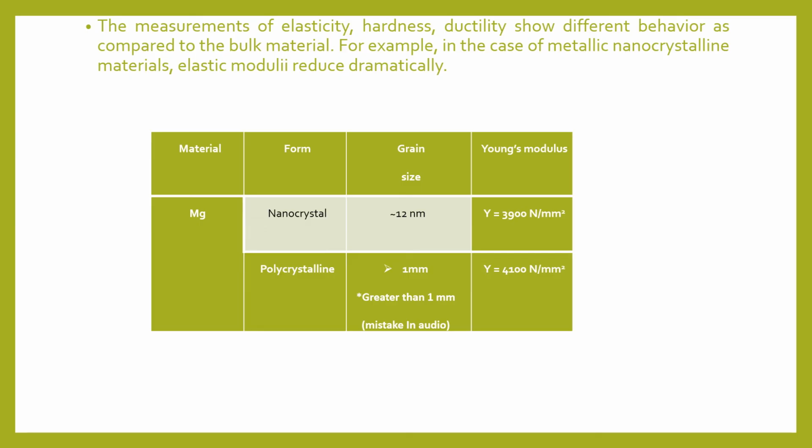So it is clearly observed that as the material converts into nanoform, the Young's modulus is only slightly changed because see it is very close. 12 nanometer is very small. Still, it has this much Young's modulus as compared to when it is in polycrystalline form.